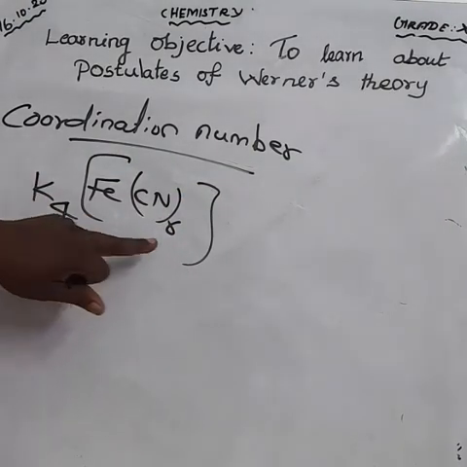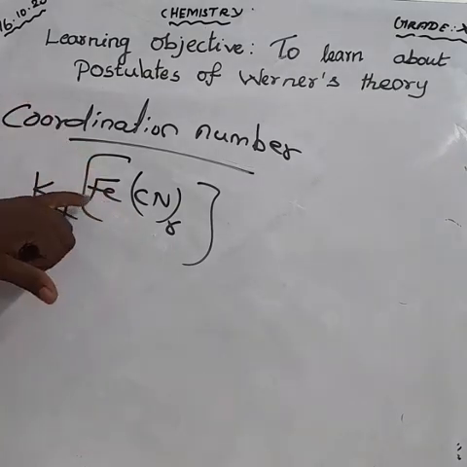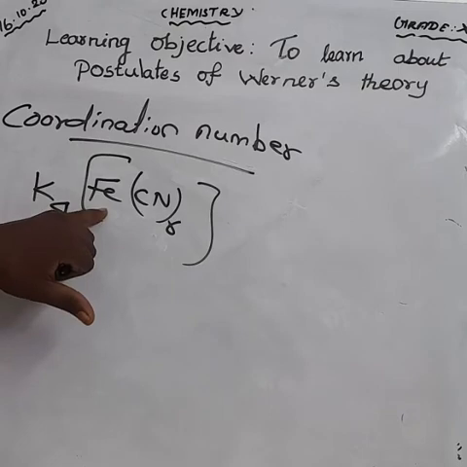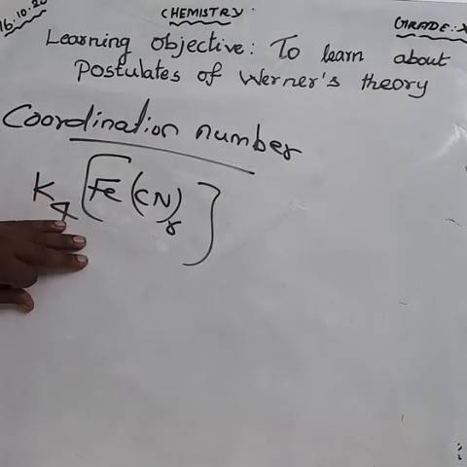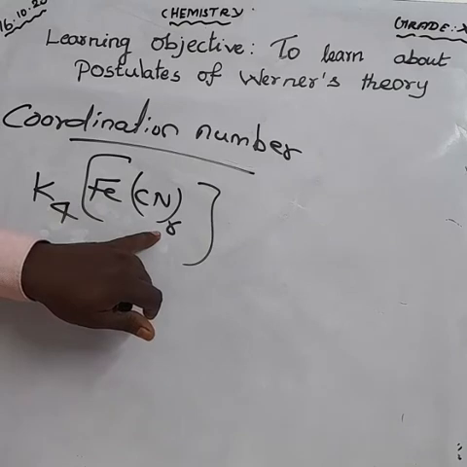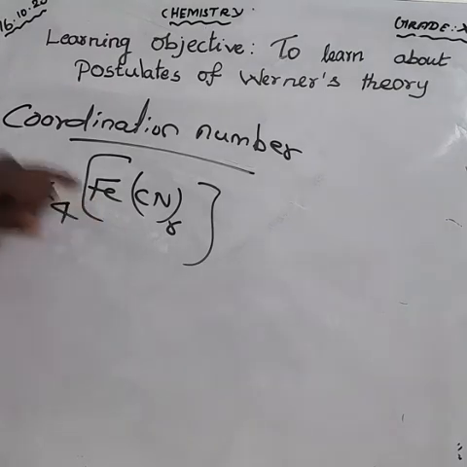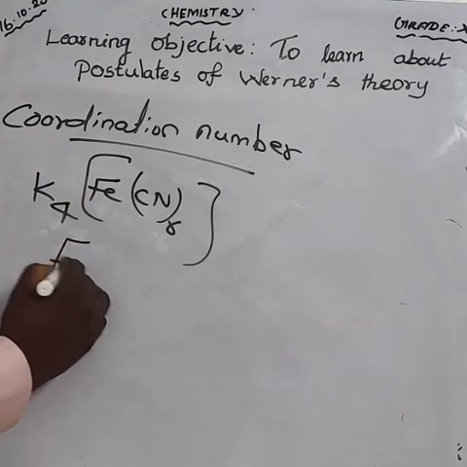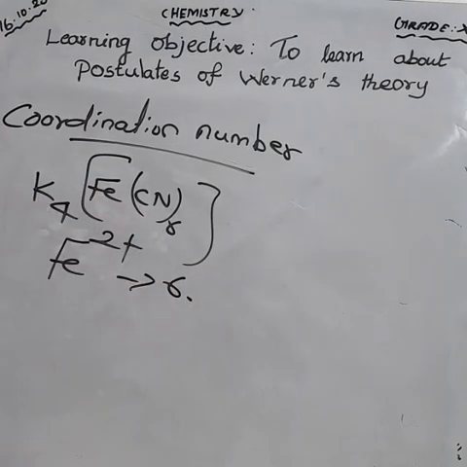For this complex, 6 is the coordination number. The coordination number of Fe2+ is 6. You should write it like that: in this complex, the coordination number of Fe2+ is 6.